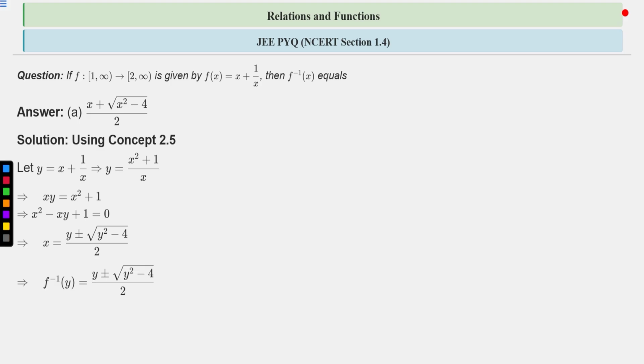So f inverse x will be equal to x plus minus root over x square minus 4, upon 2. So we got two functions, and we'll check which one of these two functions is in the domain and which one is not.